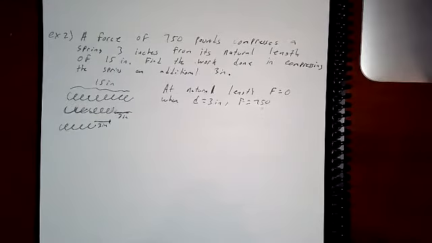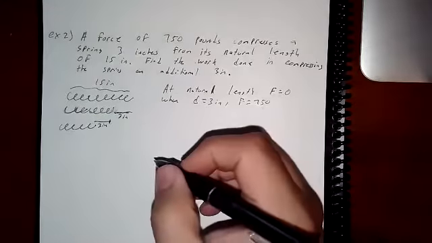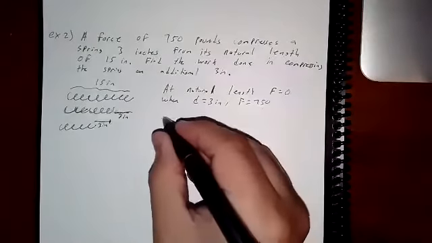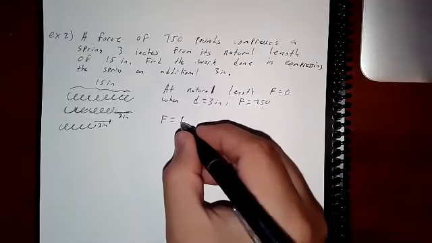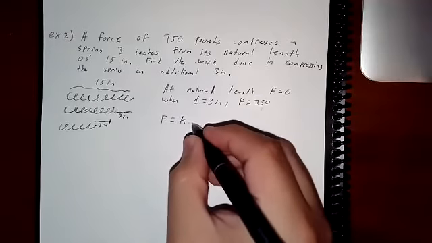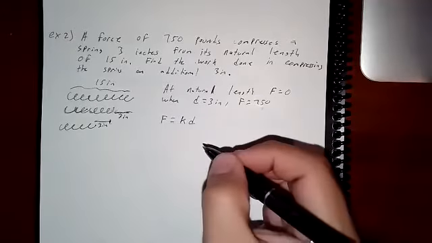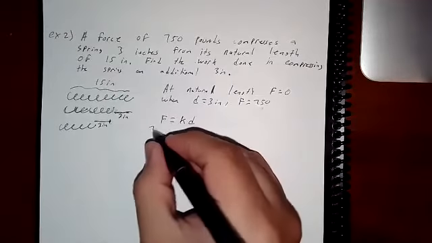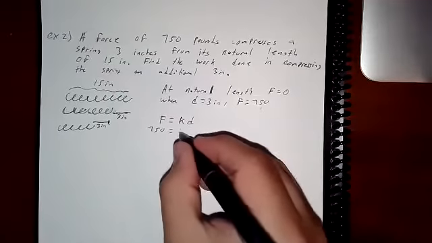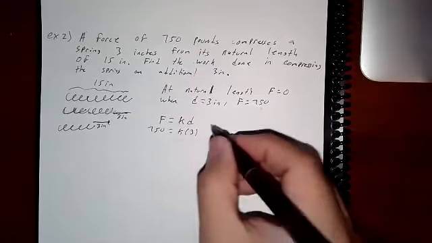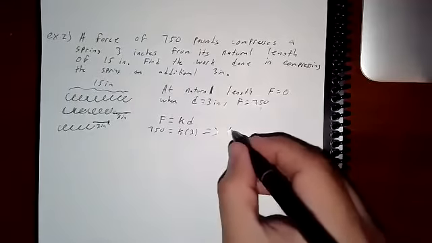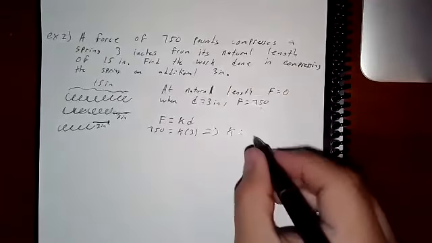So if we use Hooke's law, we should be able to find the K constant, because Hooke's law says F, the force of the spring, is equal to some proportional K times the distance. We have the force, we have the D, so solve for K. This implies that K is equal to 250.